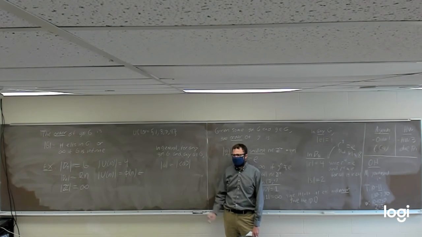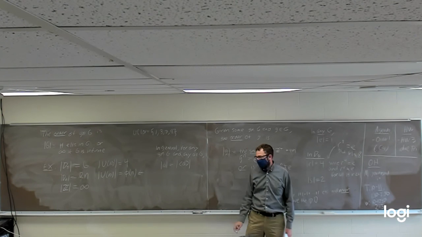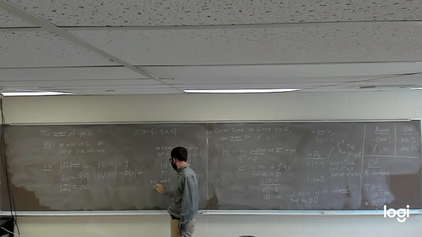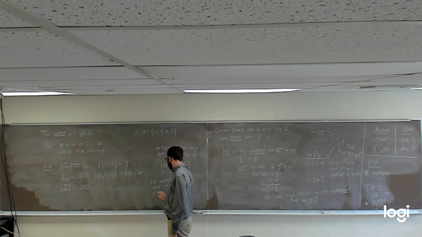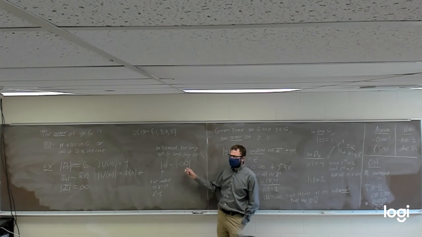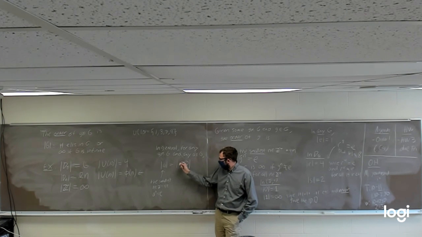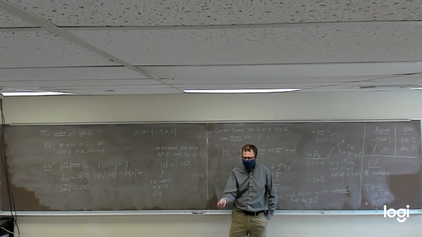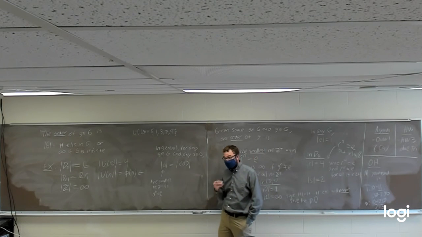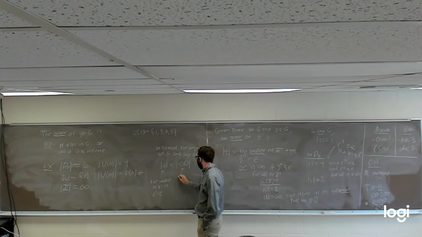What is this thing on the right? The order of a is the smallest n such that a to the n is equal to the identity. What is this expression on the right? It's the order of the group generated by a. Exactly. It's the order of the group generated by a.